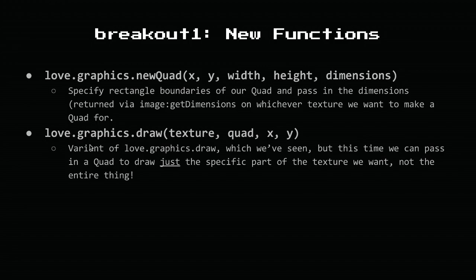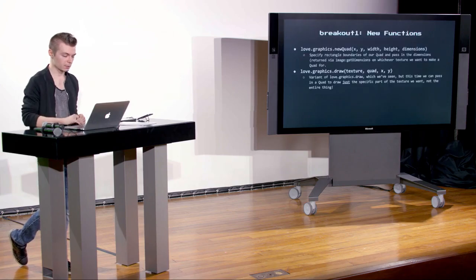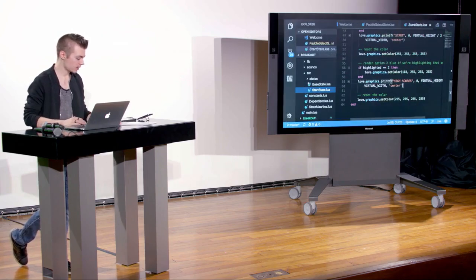And then love.graphics.draw, we've already seen it, but this is a different signature. This has texture, quad, x, y, quad being the second argument. And when it takes in this quad, it knows to only draw that defined rectangle of the image to the screen. And so we'll go ahead and take a look now at breakout 1.